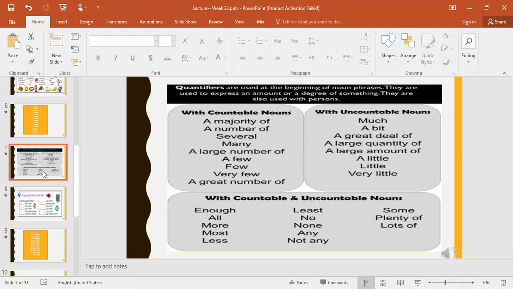No. Okay, now I'm going to show you. I'm going to use one of these quantifiers which are used with countable and uncountable nouns. I will use enough. Okay. There is enough amount of rice. I want to ask you here, rice is a countable or uncountable noun?